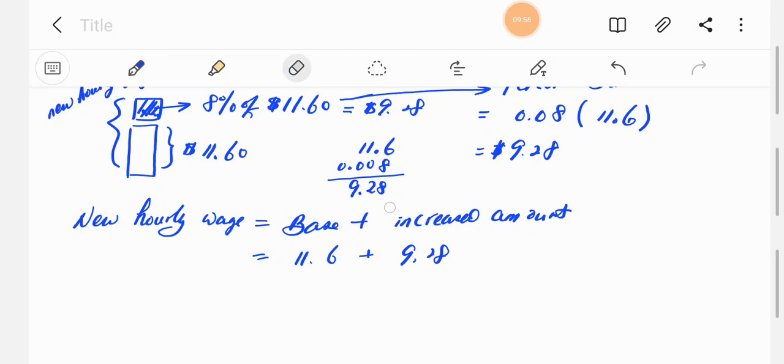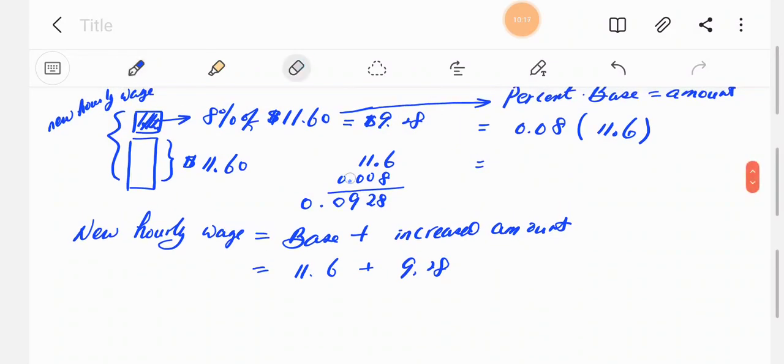You know, our calculation is not right. Okay, so how many decimal places? 1, 2, 3, 4. This is 0.09. Come on, keep doing the mistakes.